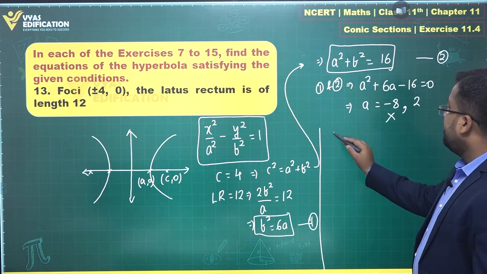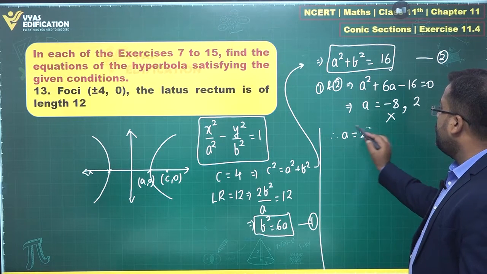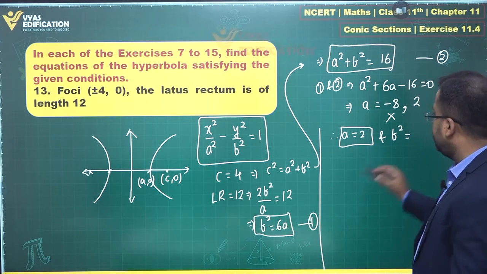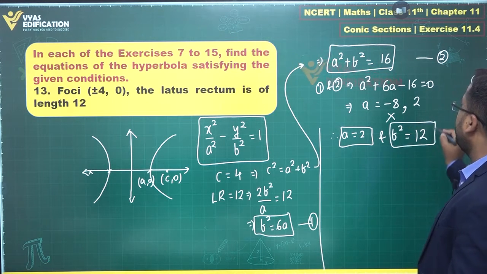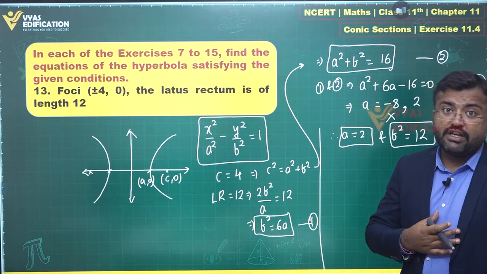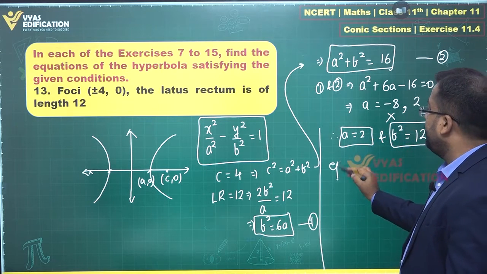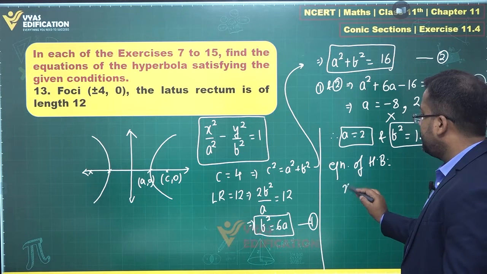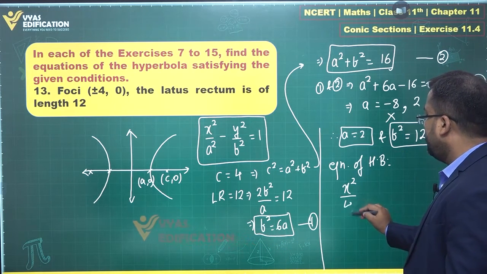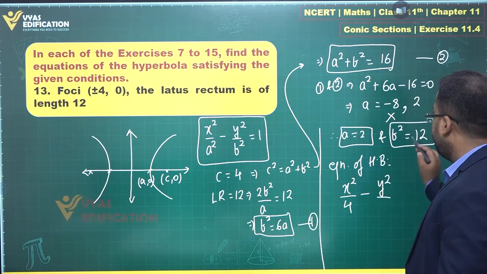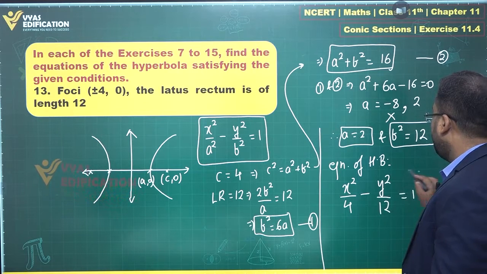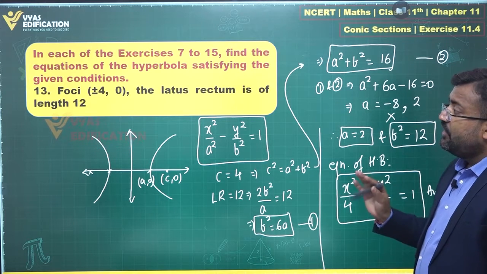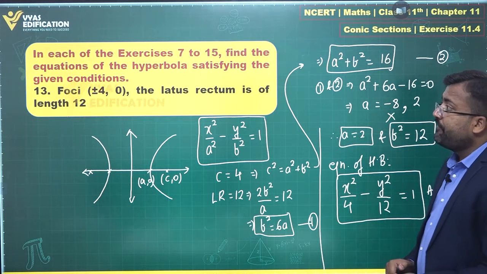Minus 8 will be rejected, therefore A equals 2 and B square is equal to 6 times 2, which is 12. Once I have A square and B square, I can write the equation of the hyperbola, which will be x square by A square minus y square by B square is equal to 1. This is the final equation of the hyperbola, and yes, that's the required answer for this particular question.